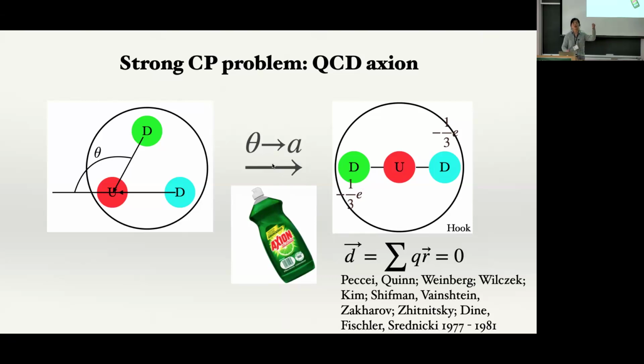When the axion field settles in the minimum of this potential, the theta angle will be dynamically relaxed to 0. Then again, at a classical level, you have the 2 negatively charged down quarks placed on opposite sides of the up quark. This configuration leads to 0 neutron EDM.